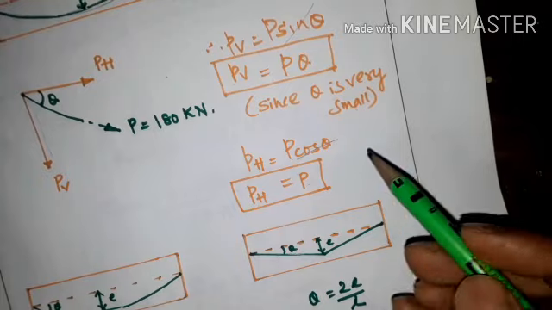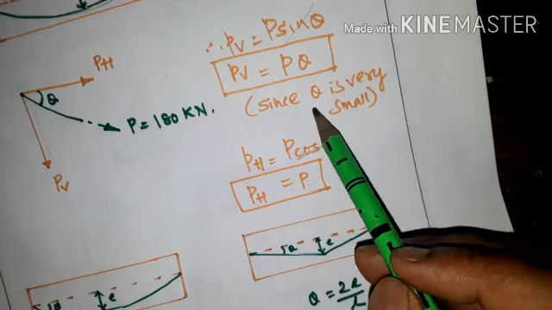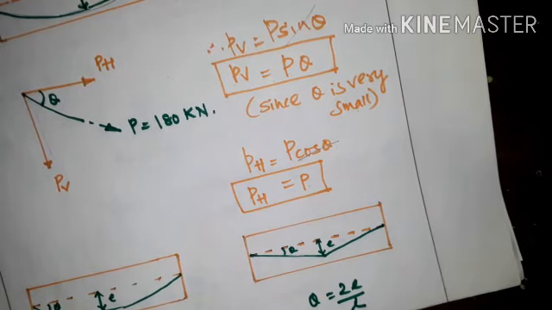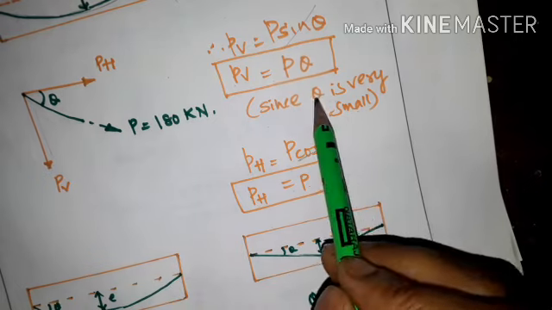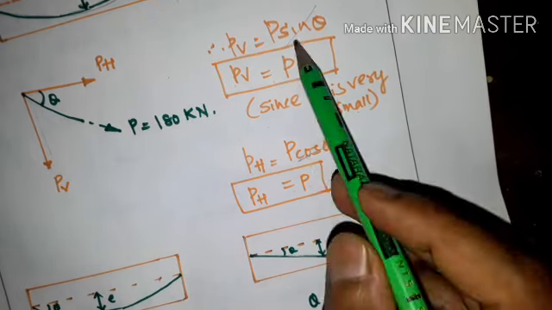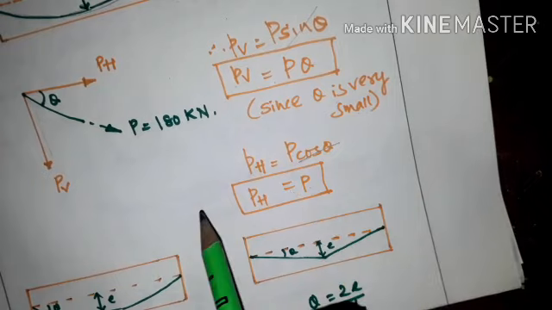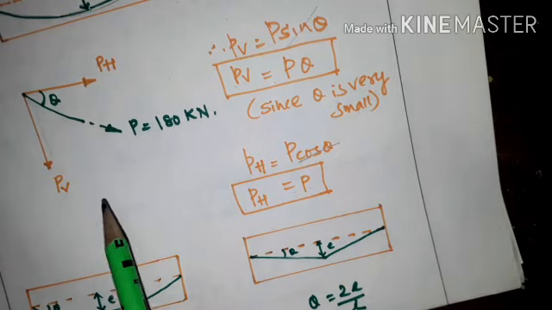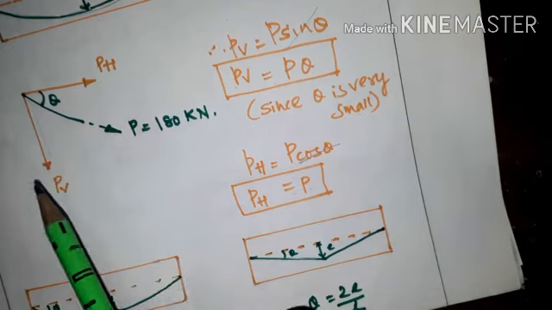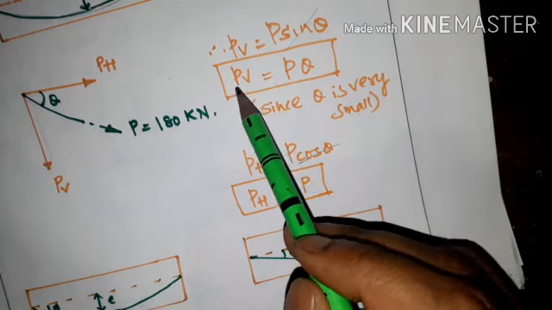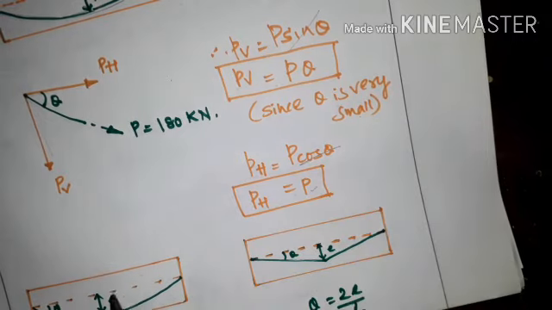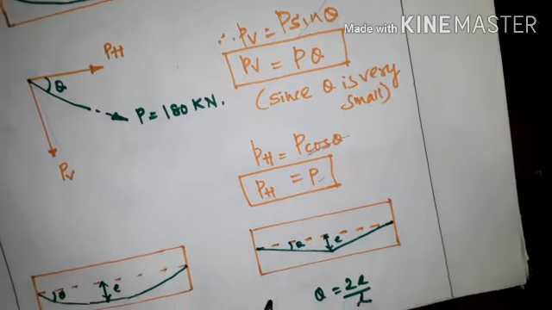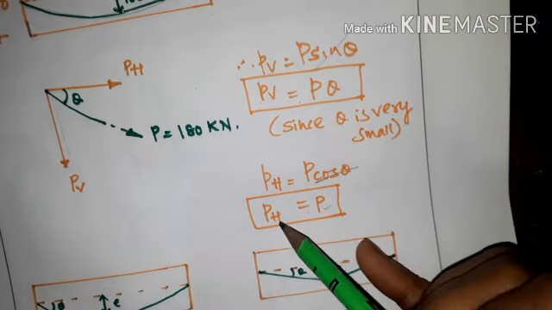Since the value of theta is very small in the cable profile, we do not consider sin theta or cos theta. So PV is equal to P theta and PH is equal to P. This is regarding the vertical and horizontal components.